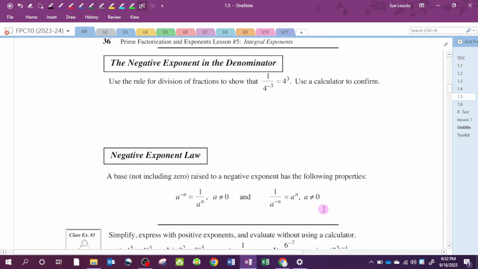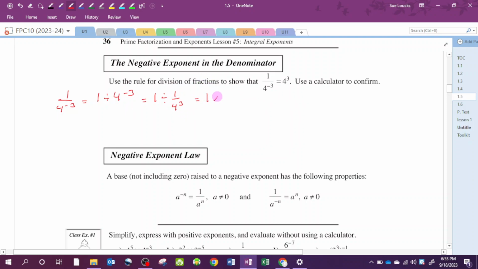Okay, the negative exponent in the denominator. So let's use the rule for division of fractions to show this. So if I have 1 over 4 to the negative 3, that equals 1 divided by 4 to the negative 3, which equals 1 divided by 1 over 4 cubed, because now I'm taking my 4 to the negative 3 and writing it with a positive exponent.